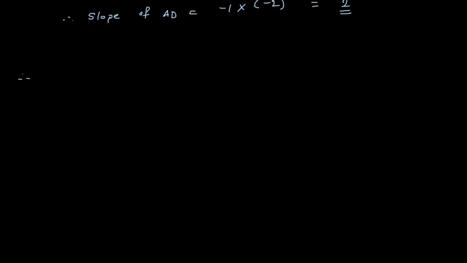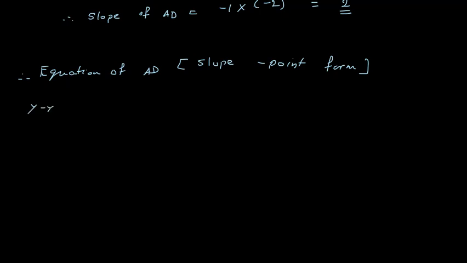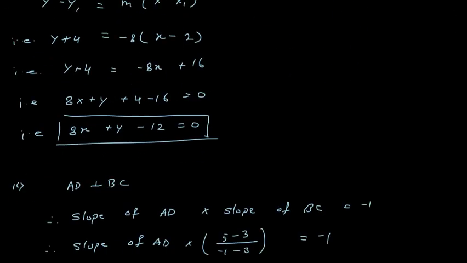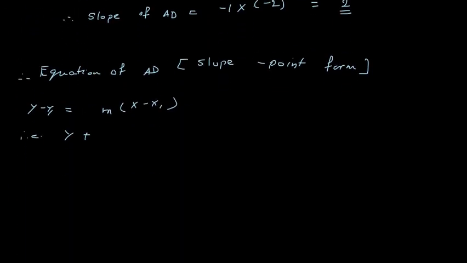So therefore I will say equation of AD. Now here also it is in slope point form. That is y minus y1 is equals to m into x minus x1. So that is y minus, now what is y1? Point A is 2 comma minus 4, so it will become plus 4 is equals to m is 2 into x minus 2.